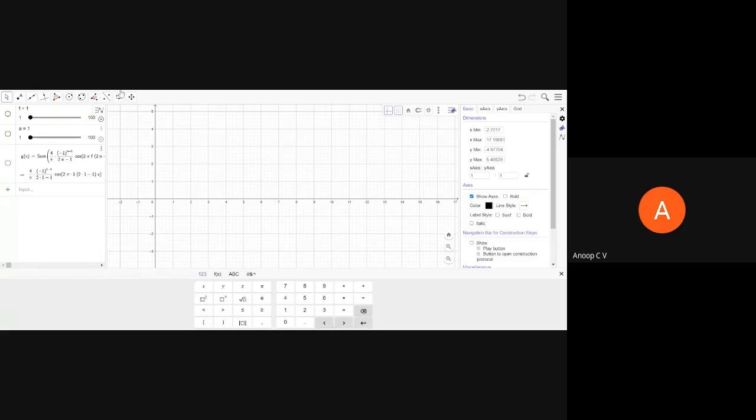Some of you please take down these values. Please note this down. I want you to expand this for different values of n. What will be the terms?